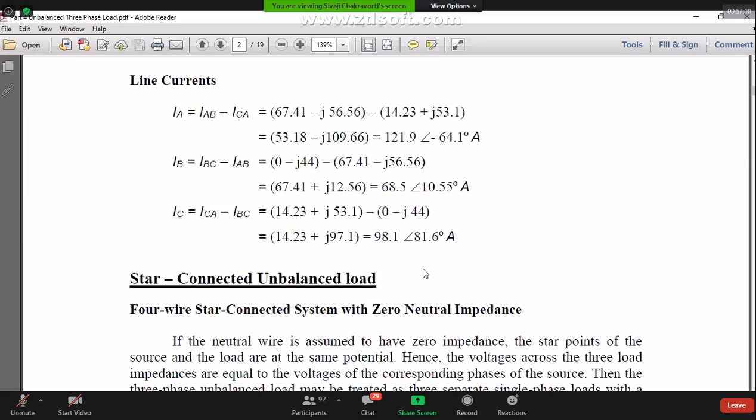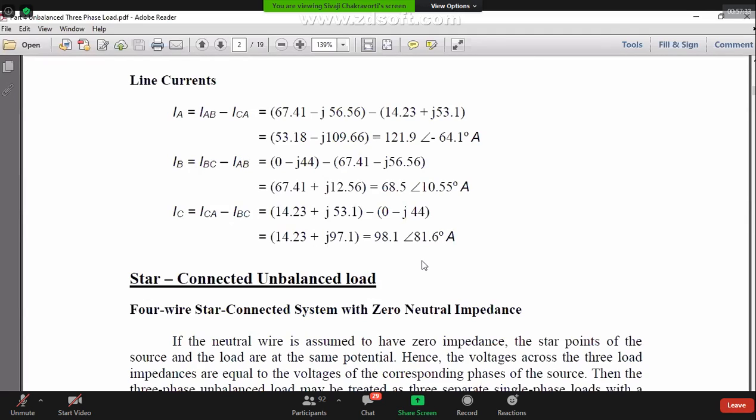Of course, it is a load, so IA is from left to right. Then AB is from A to B, CA from C to A, so it is quite obviously IAB minus ICA. Similarly, at node B, it will be IBC minus IAB. So just apply Kirchhoff's current law and you get the three line currents.